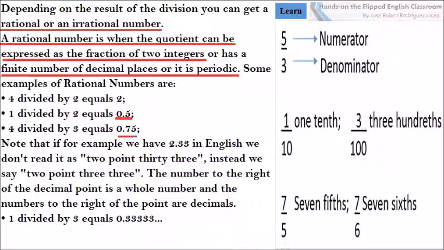Note that if for example we have 2.33 in English we don't read it as two point thirty-three, instead we say two point three three. The number to the left of the decimal point is a whole number and the numbers to the right of the point are decimals. 1 divided by 3 equals 0.33333.